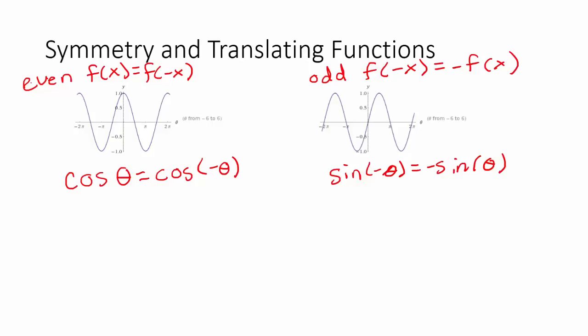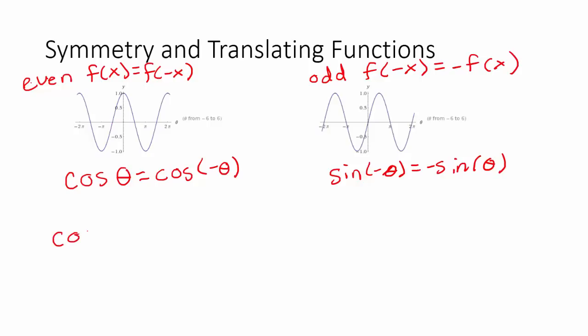I can also think about transformations of these graphs. Like if I took the cosine graph, and if I wanted to move that point right there to the origin, so if I shifted the cosine function pi over 2 units to the right, if I applied a horizontal translation, I would wind up with the sine function.